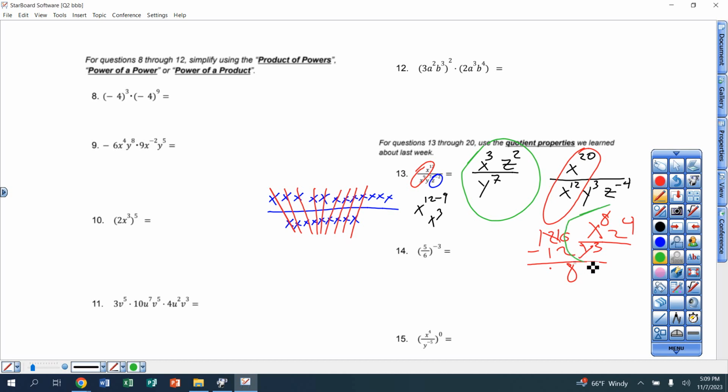I for sure can. If I gave you, and this time it's y to the negative 2, z to the 3rd. So one of those you're going to leave alone, one you're going to move up to the top. Okay, so I do, and then 8 minus 2.